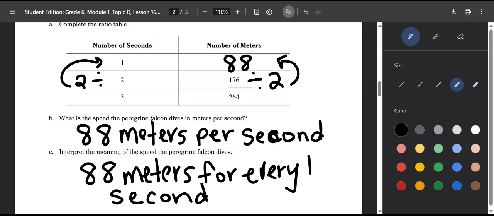So as you can see now, in B, we use per. In C, we use for every 1. Per and for every 1 are interchangeable. They mean the same thing.